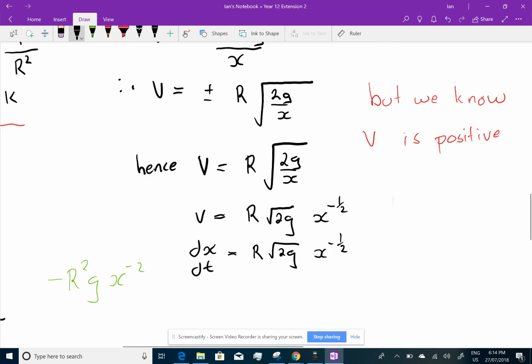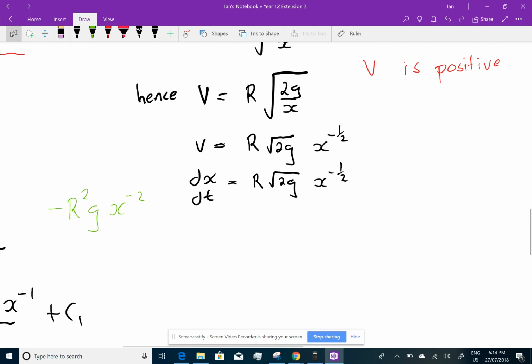What will we do? We'll take that x over the other side. So remember that's 1 over root. So that'll become x to the half dx. And over here, I'm going to get r constant, root 2g constant dt.